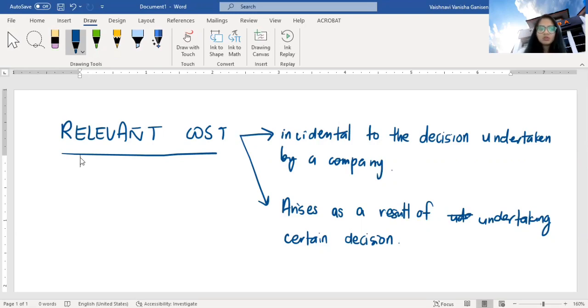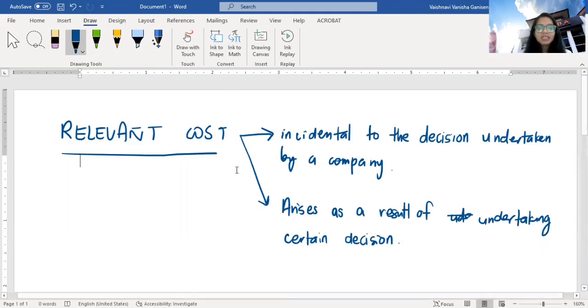All right. So just to remind you, this is a relevant cost because number one, it is an incremental cost. When I say incremental, it means it's an additional cost that you need to incur as a result of undertaking the decision to buy the asset, the machinery.